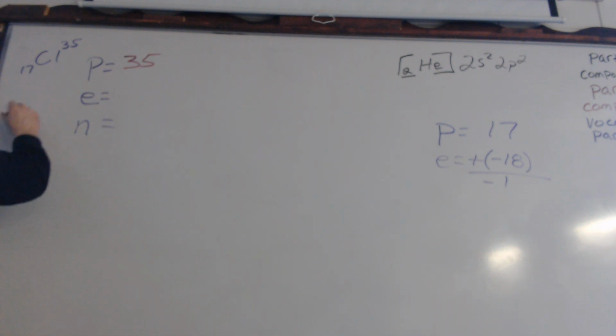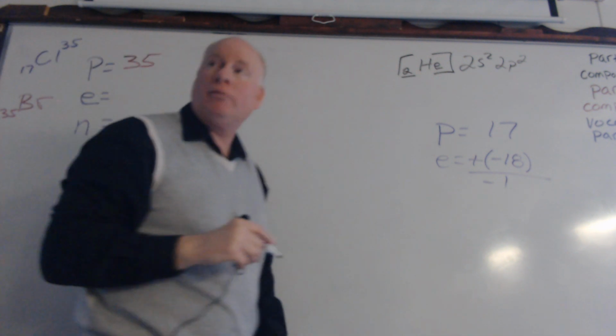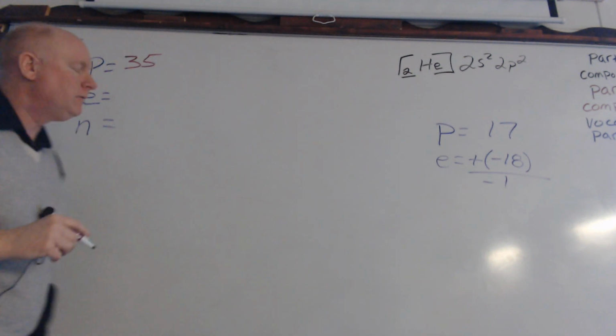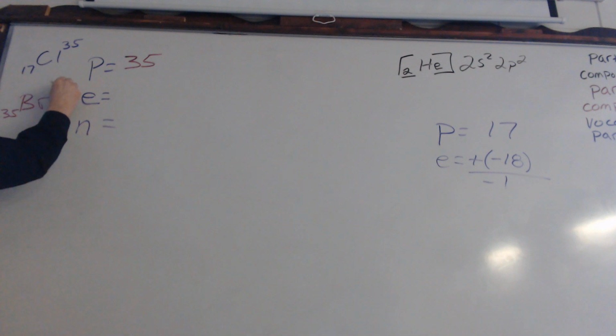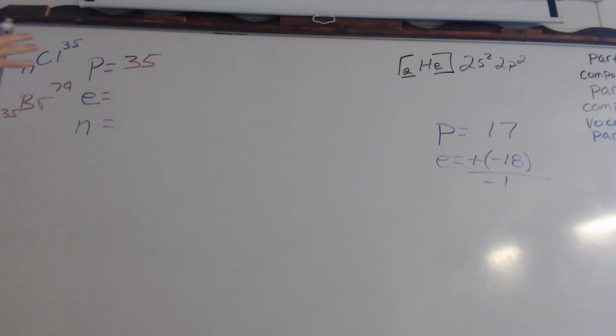Oh, we're talking about bromine here, aren't we? Okay. The atomic mass for bromine is what, 70? 79. Okay, so 79. Now, we're doing a -1 charge. So it's negative 35. Okay, so we're going to say this has a -1 charge.